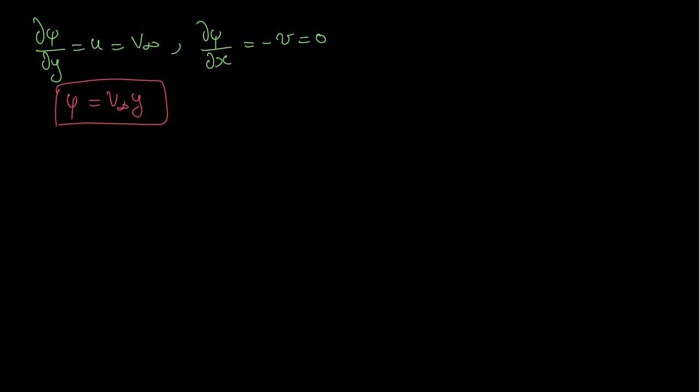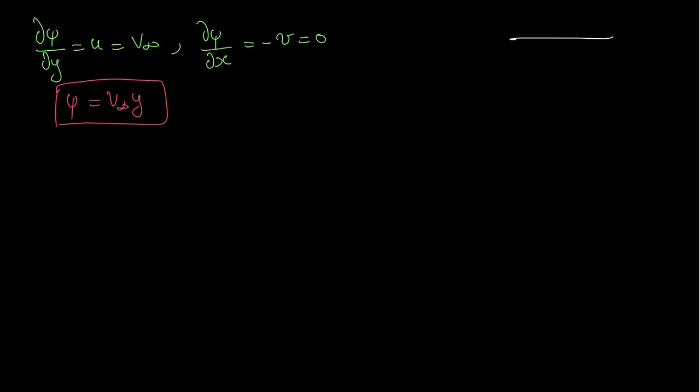Alright, before we get into the next kind of flow, we'll quickly calculate the circulation that we'll be observing in a uniform flow. So I'm trying to sketch the uniform flow again here, streamlines. Assume these are my streamlines for the uniform flow.